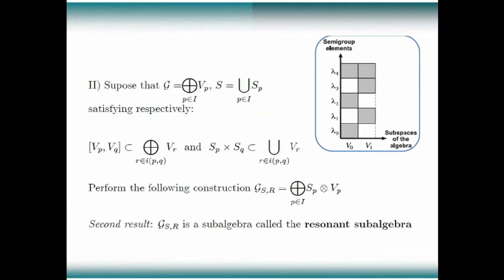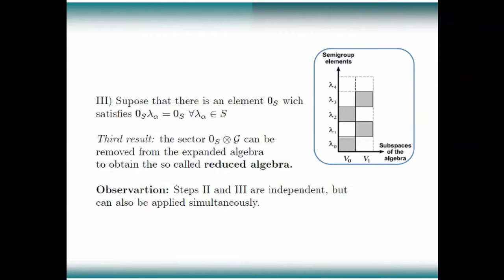Kind of hard to explain like this, but I will give you an example of how those work. And then you perform the following construction, where you multiply only the elements of one part of the semigroup with the elements of the one part of the algebra, and you get a new algebra that has fewer generators than the original. And now we suppose that the semigroup also has a zero element.